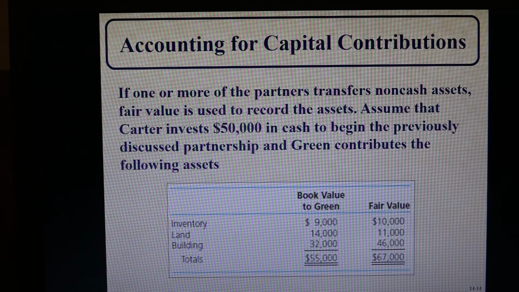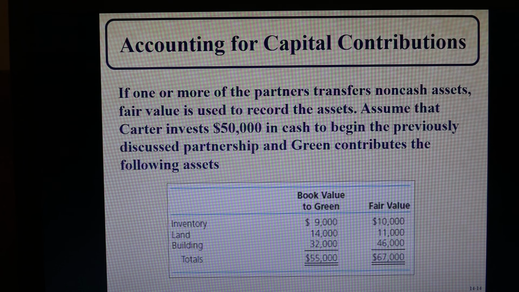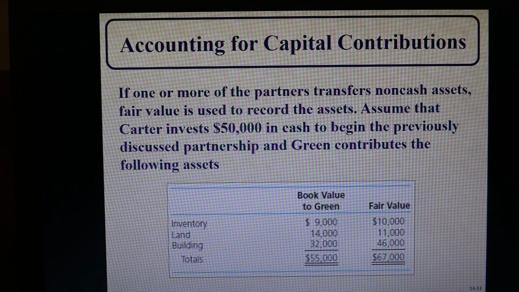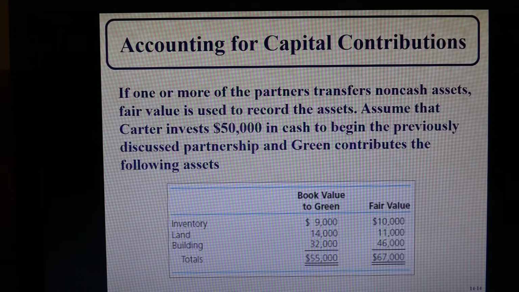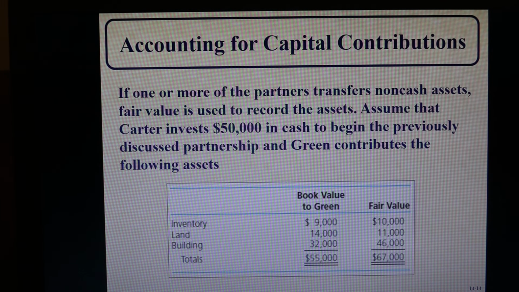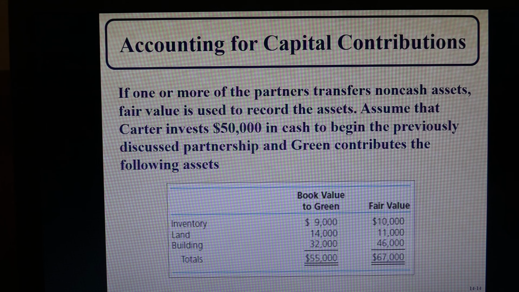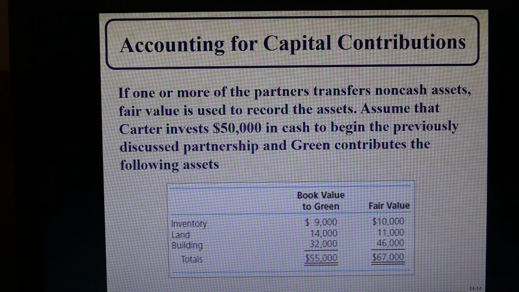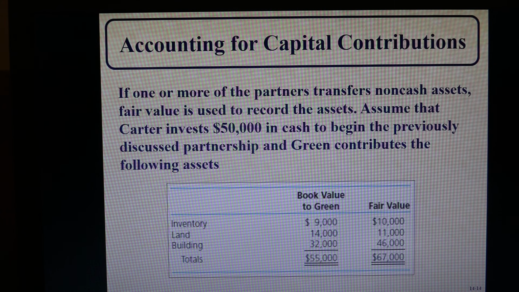But what if in our previous example, that person provided land with a building on it with a basis of 20 but a fair market value of 50? Should they, because they contributed non-cash assets, be hampered by that fact and only have their capital account credited for $20,000 instead of $50,000?